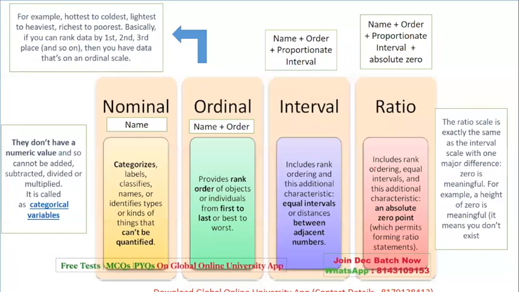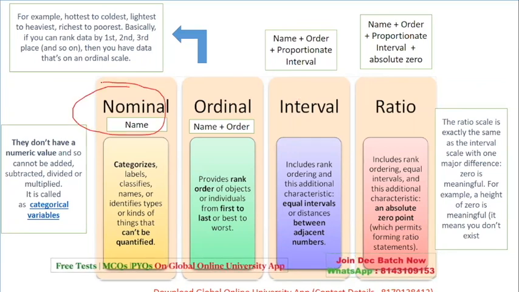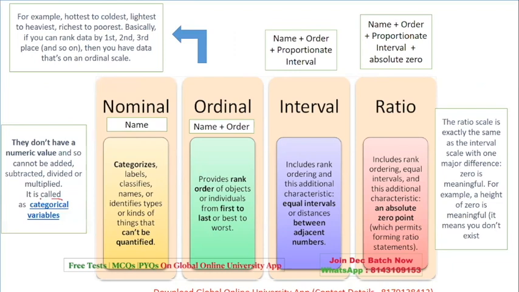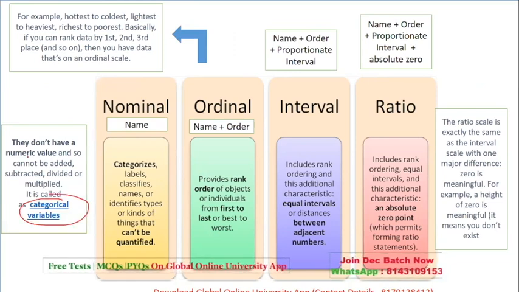Coming to the last part of your research: research scales of measurement. Basically there are four, and this is again a very common question: nominal, ordinal, interval, and ratio. When I say nominal, it is also called the categorical scale. When we talk about categorical variables, it is divided into various categories.